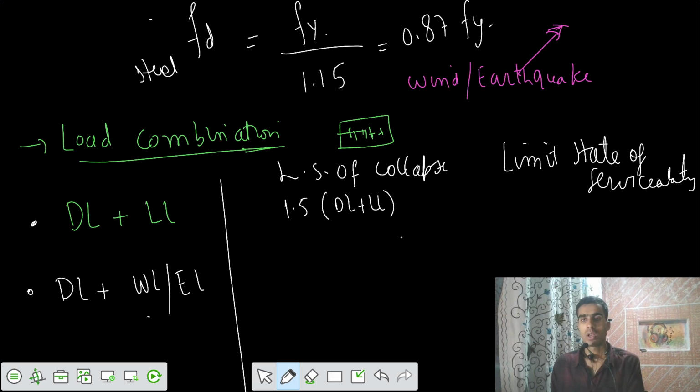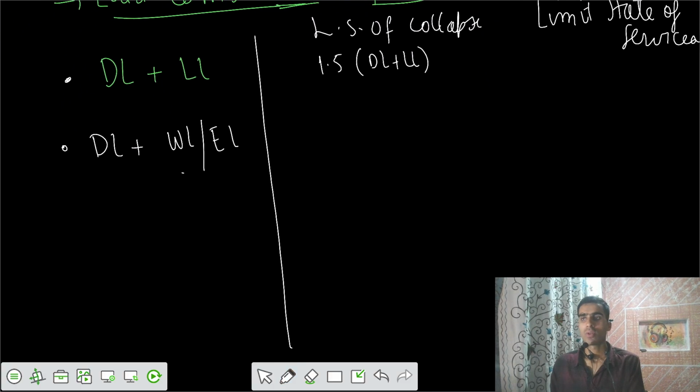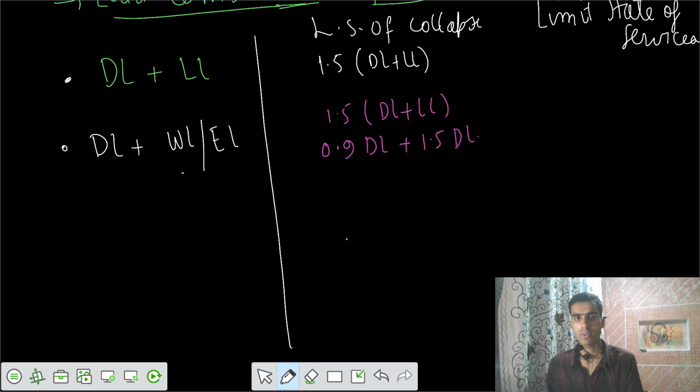So if there is dead load and wind load or earthquake load, the factor of safety for the loads, sorry, not for materials, for the loads, is 1.5 times. And sometimes we multiply 0.9 times dead load, and this one is your 1.5 times wind load.